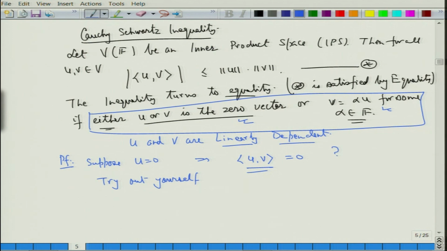Try it out yourself using the idea that 2 times u should be equal to u plus u and so on, using scalar multiplication. All right. Or just look at this part.